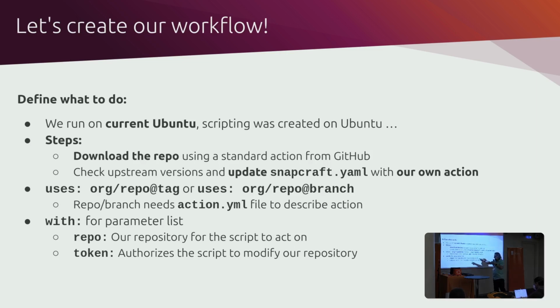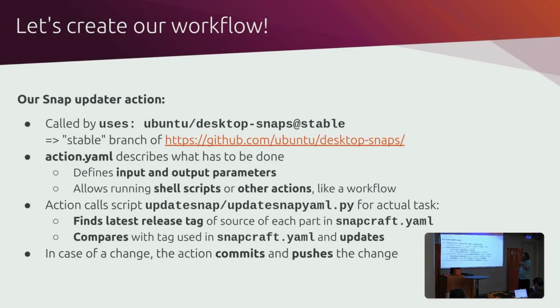And we need to tell the Ubuntu desktop action the name, the URL of our repository, and also the authentication token of our repository. Our repository has this already there, has the internal variables, and sends this to the GitHub action of Ubuntu desktop.